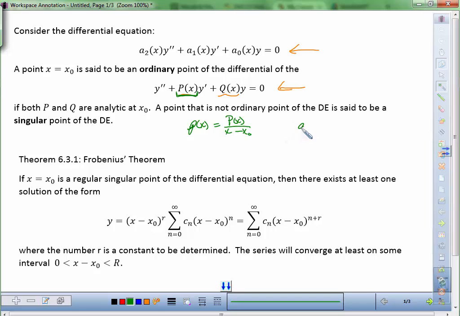And then there's little q, which is capital Q divided by x minus x naught squared.